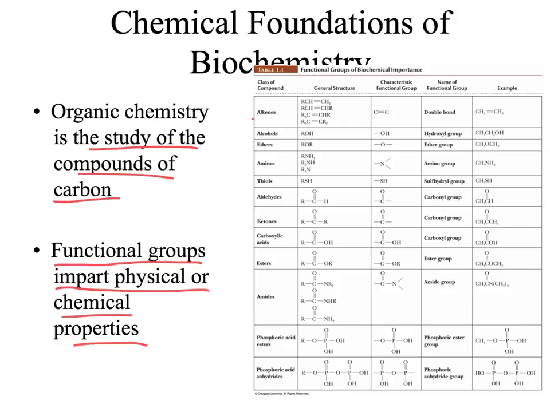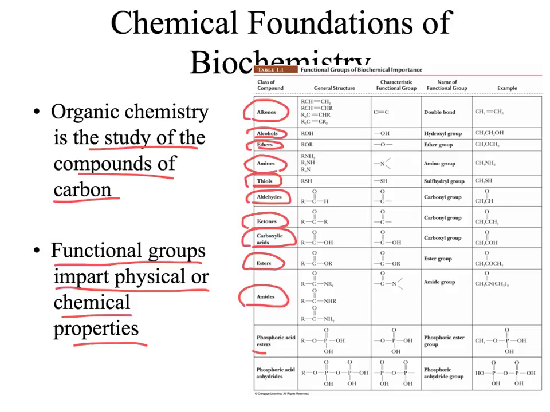So you have your alkenes, your alcohols, your ethers, amines, thiols, aldehydes, ketones, carboxylic acids, esters, amides, phosphoric acid esters, phosphoric acid anhydrides. We are going to see these throughout our study of biochemistry.